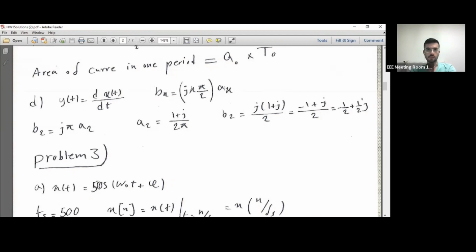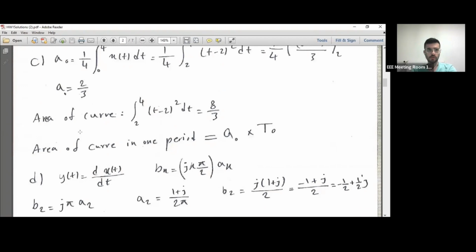We have this. You studied it before, I think. So as you can see here, b2 equals j pi, and k is 2, so it cancels with the 2. So we will have a2. We found ak before, so we need to find a2.